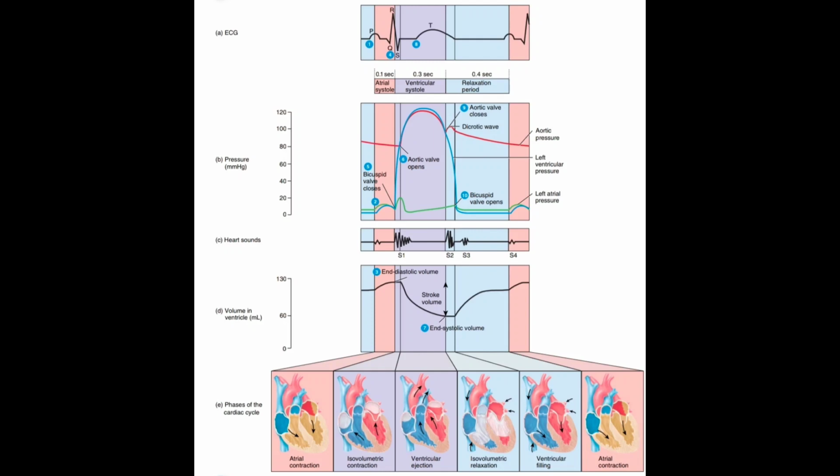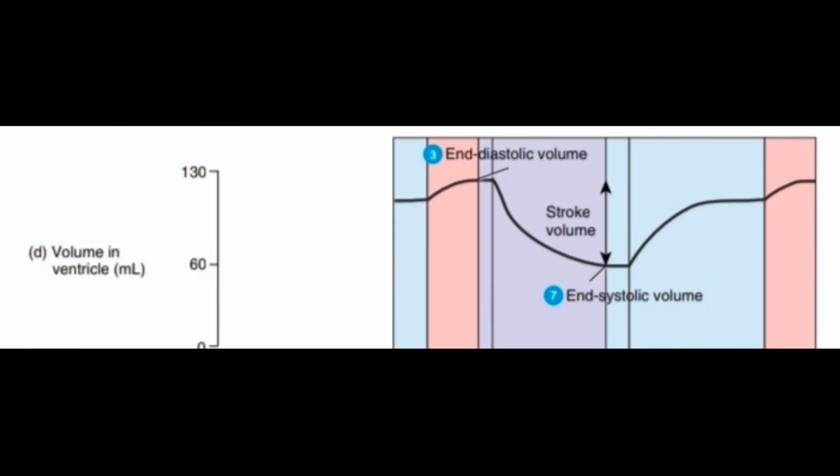When the atria contract, the pressure inside the atria increases and the blood is pushed into the ventricles. How much blood? It is about 25 ml.